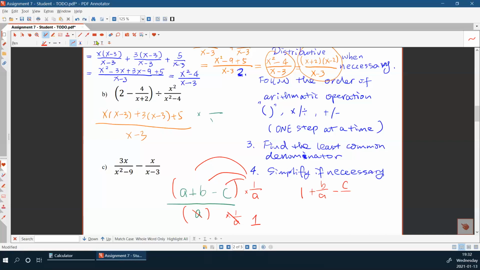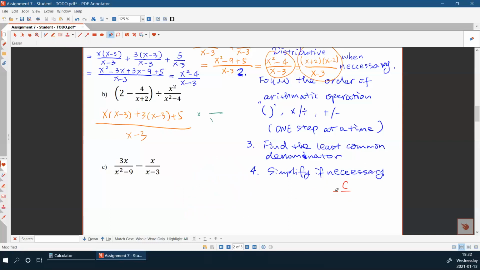Okay, do remember that before you cancel or simplify something, you put them in a product form or factored form. Okay, I'll just write it here.